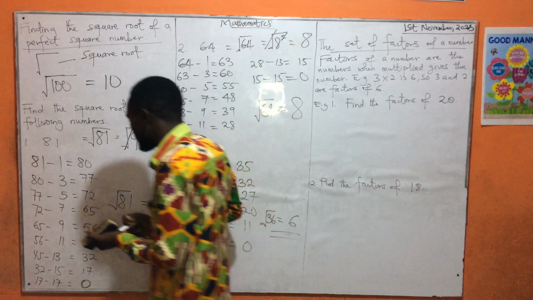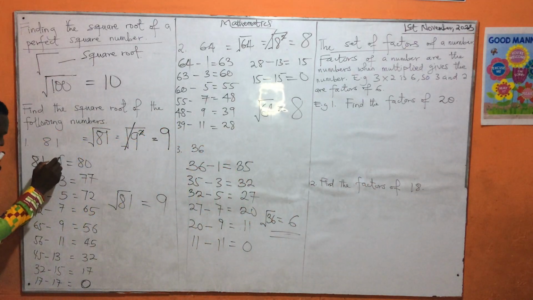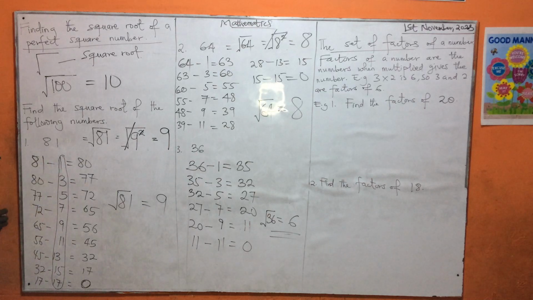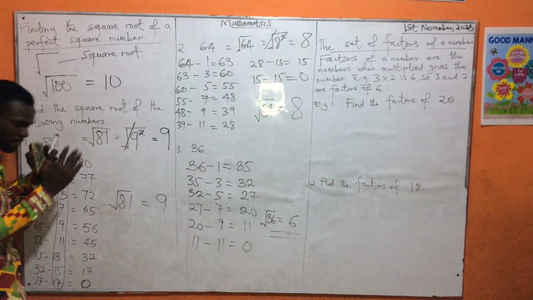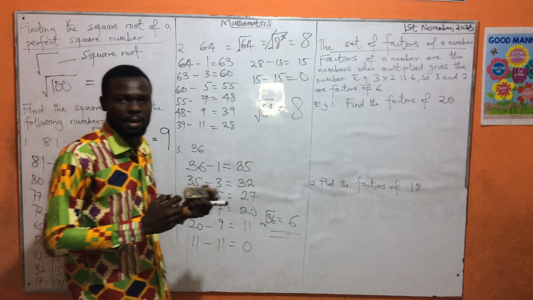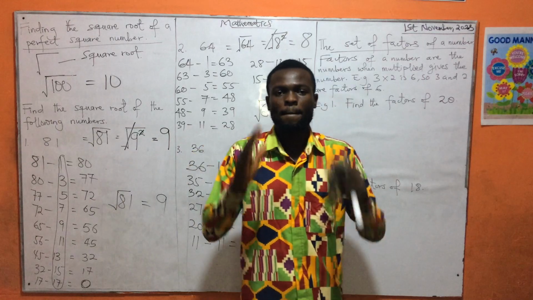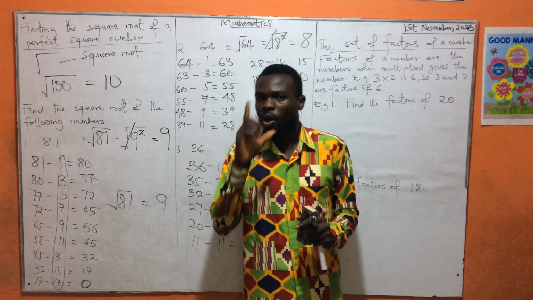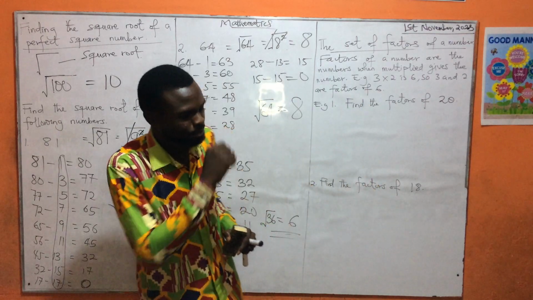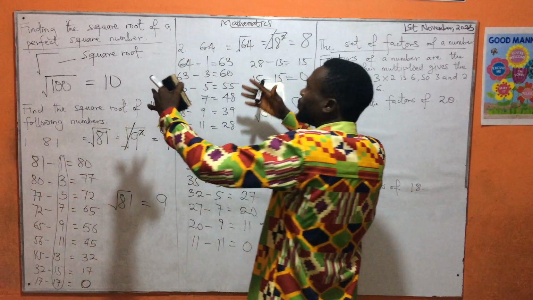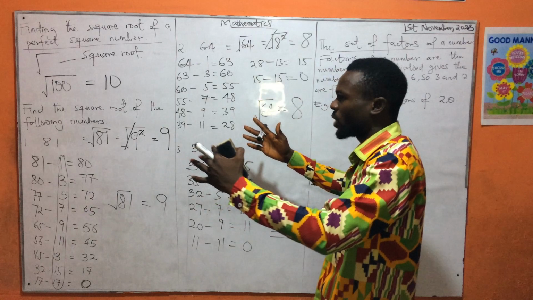So you will see that we have the odd numbers in order. The moment you miss it, you are going to get it wrong. The odd numbers should be arranged in order from the next number to the other number, and that is the repeated subtraction method using odd numbers. Good. So that brings us to an end on the finding of square roots of a perfect square.